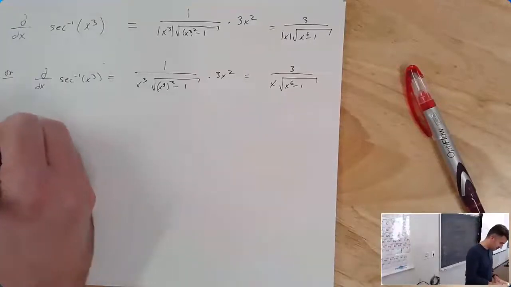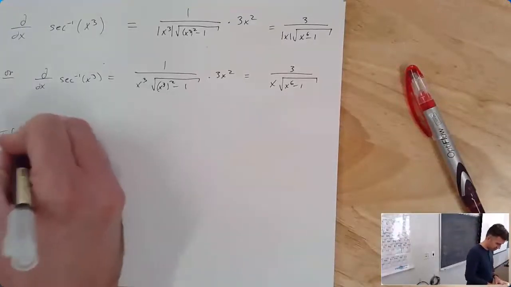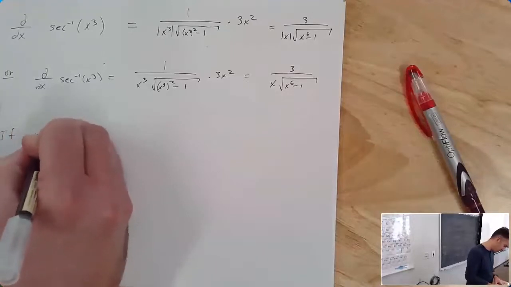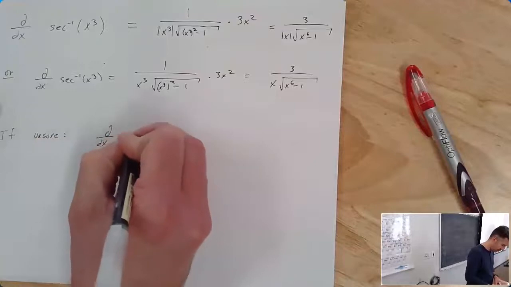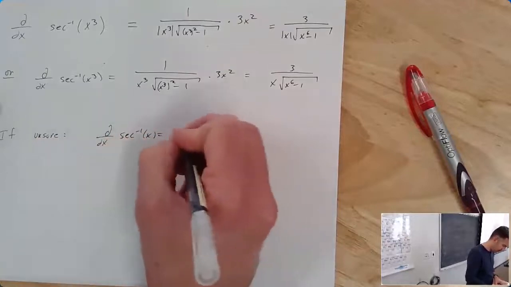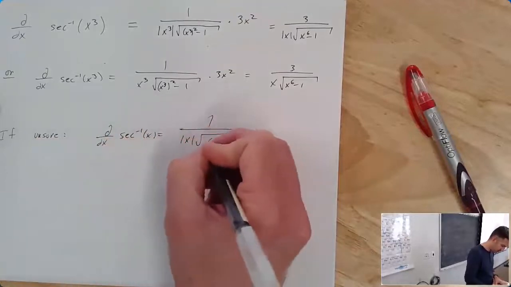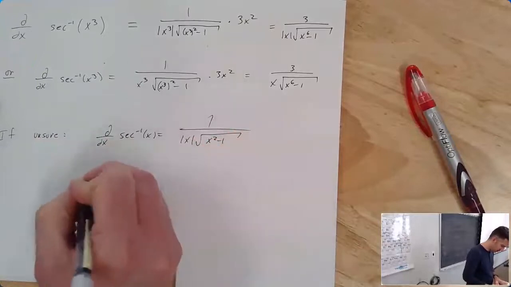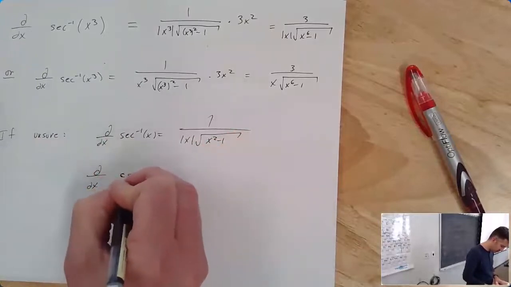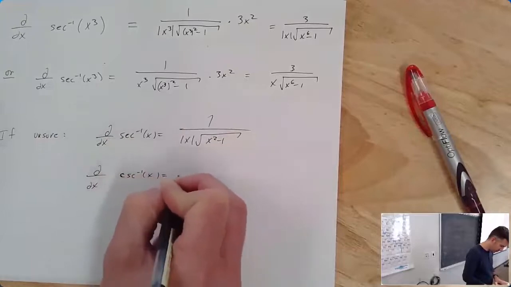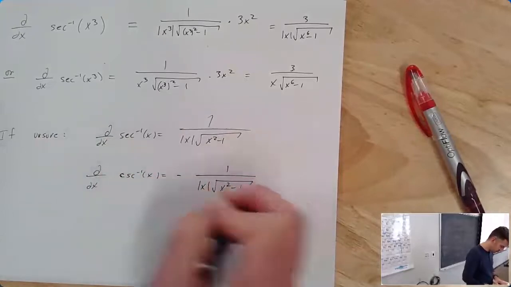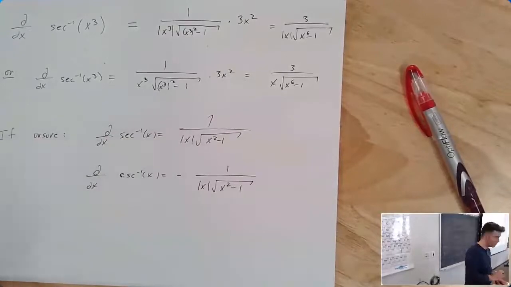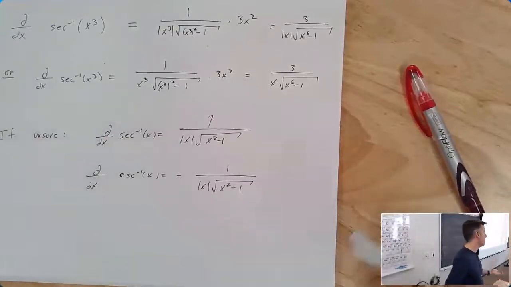So if unsure, if your teacher is lame, doesn't want to decide for you, then you should go with the derivative of the inverse secant of x does have an absolute value. And similarly, the derivative of the inverse cosecant of x does have an absolute value. That's my default place as well.